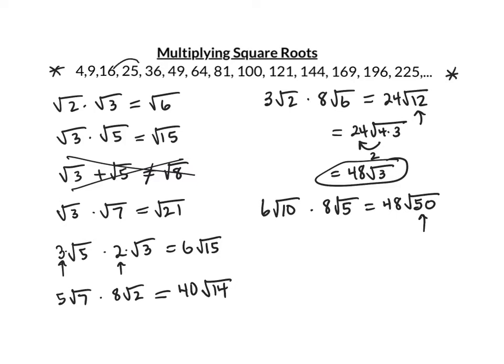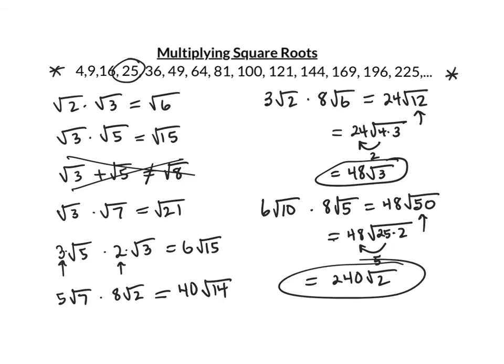It's on the list there. 25 goes in evenly into 50. So I'll rewrite that as 48 times, make the 50 25 times 2. I can take the square root of 25. It goes out as a 5. 5 times 48 is 240. 240 root 2 then is my answer.